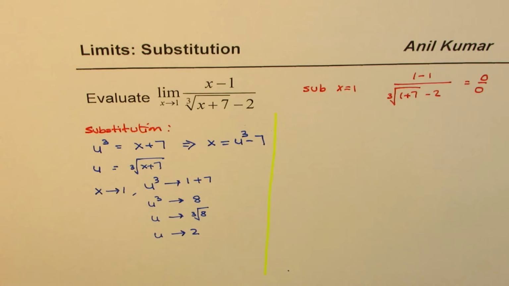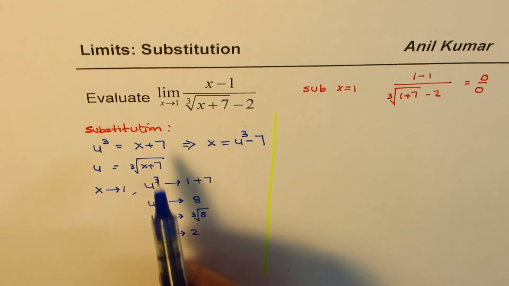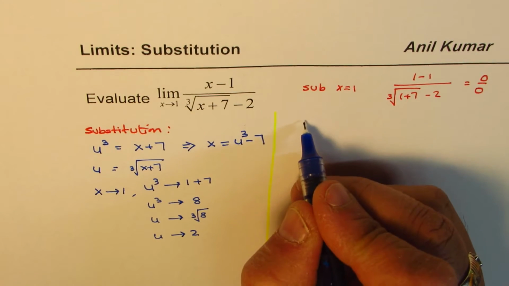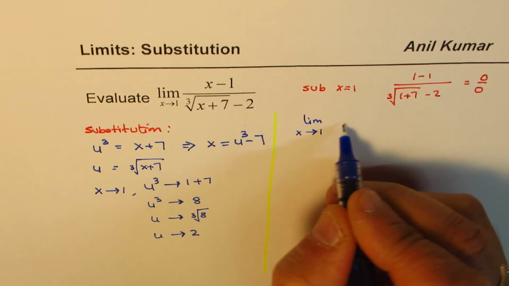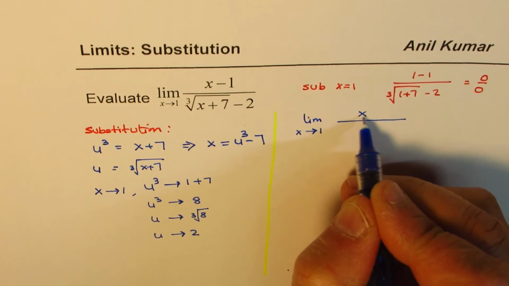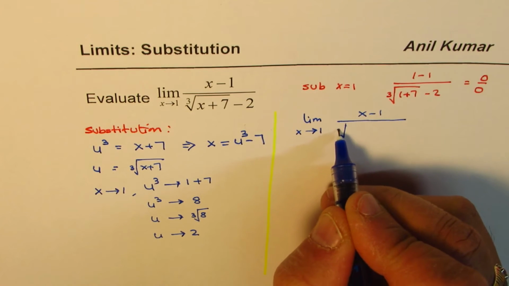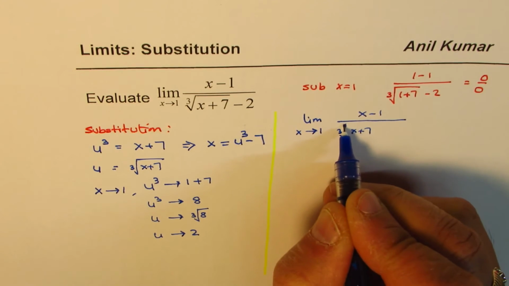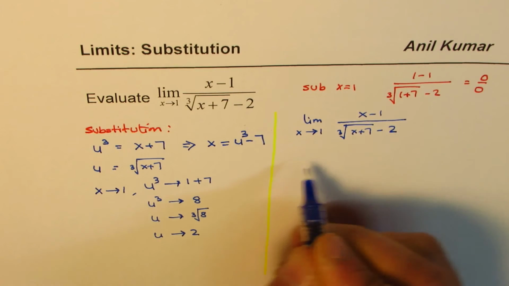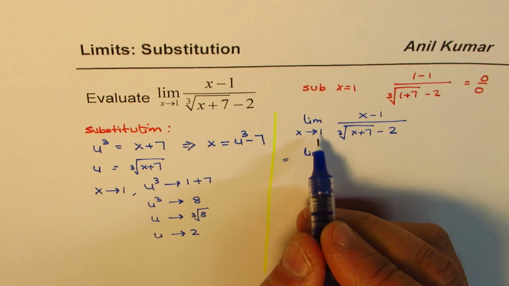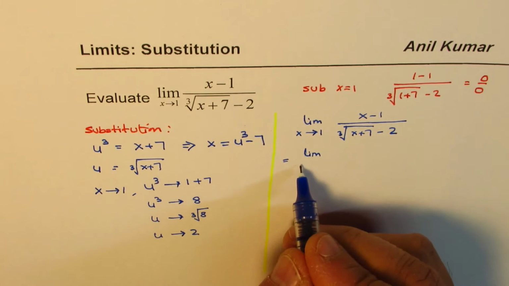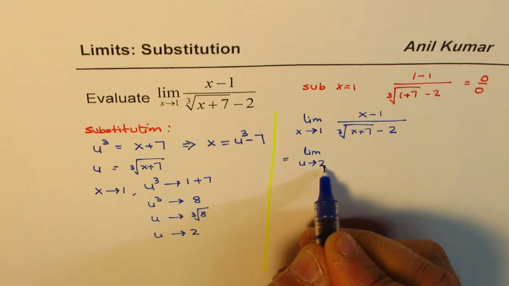Now with this kind of substitution, we can rewrite the given question, the limit as x approaches 1 of (x minus 1) over (cube root of x plus 7, minus 2), as the limit where x approaches 1, so u approaches 2.